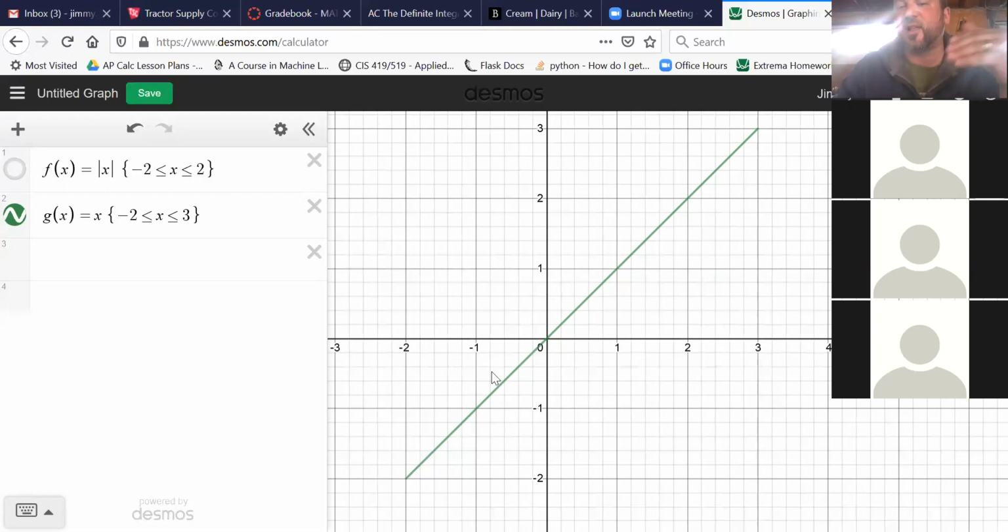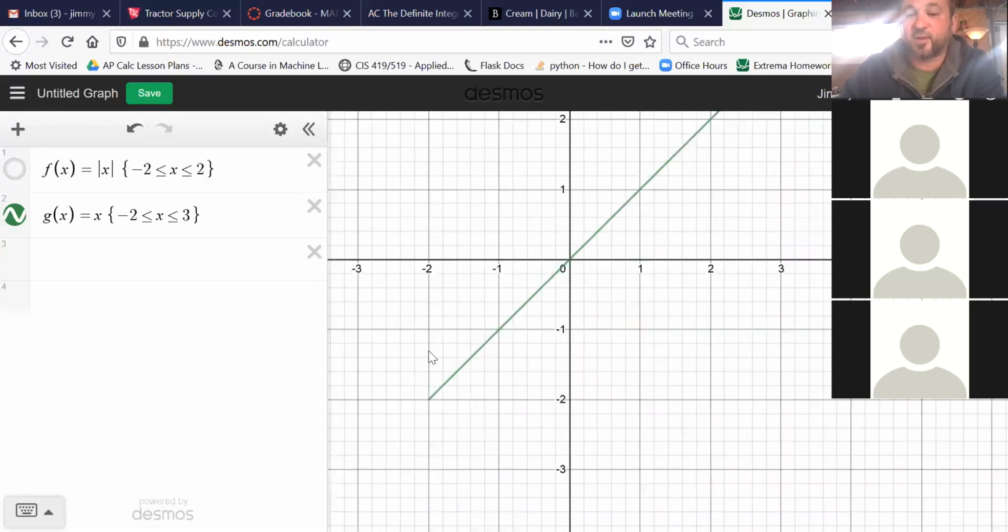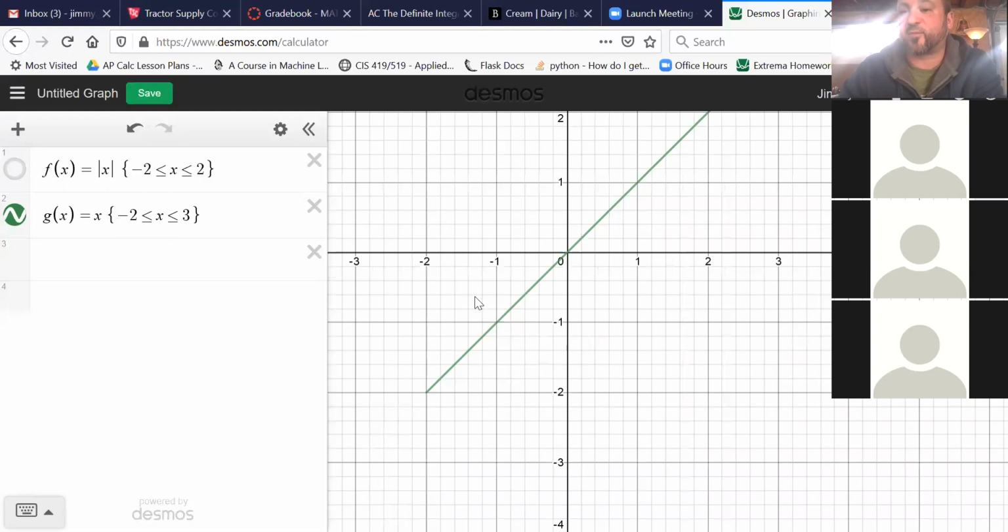And because it's below the x-axis, not because it's to the left of the y-axis, but because it's below the x-axis, we consider this space negative space. And so whatever this area is, it's negative. And so when we want to calculate the combined area from -2 to 3, we're going to actually subtract this value from 4.5. So now this triangle right here, this has got a base of 2 and a height of 2. So it's 4. So 1/2 times 4 is 2. Saying that right? Yeah.